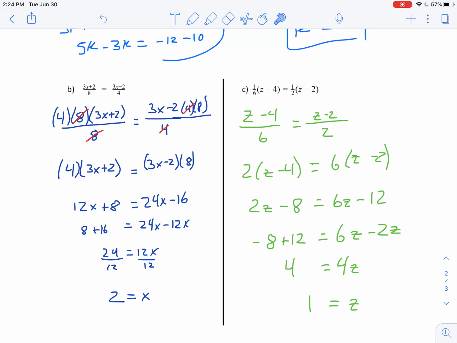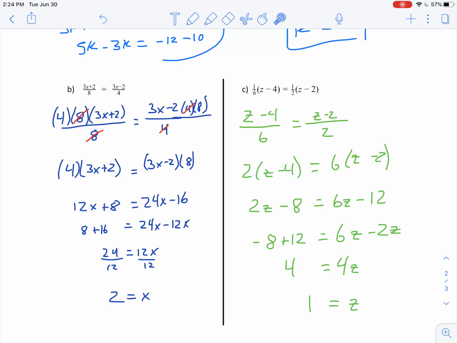Example C, I have 1/6 multiplied by z minus 4 is equal to 1/2 multiplied by z minus 2. I just rewrote it because I like seeing things as a fraction as opposed to a fraction multiplied into something. So if I rewrite it as z minus 4 over 6 is equal to z minus 2 over 2, I know I need to multiply the left side here by 6 and the right side, and I need to multiply the right side by 2 and the left side by 2.